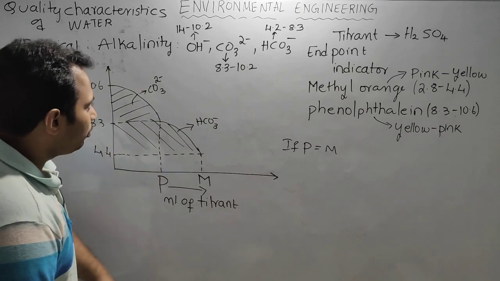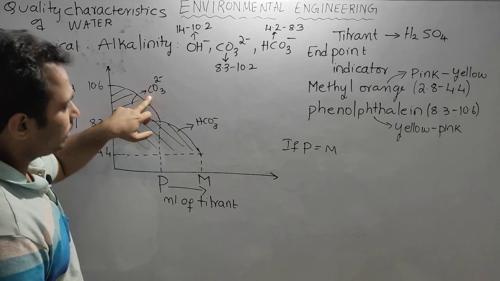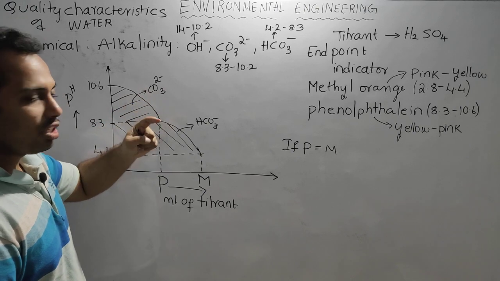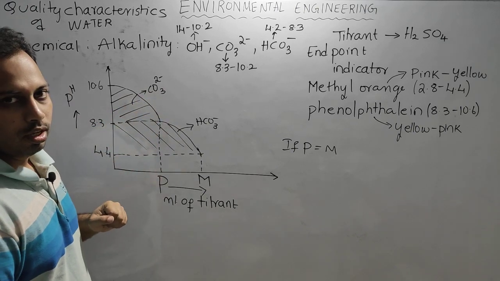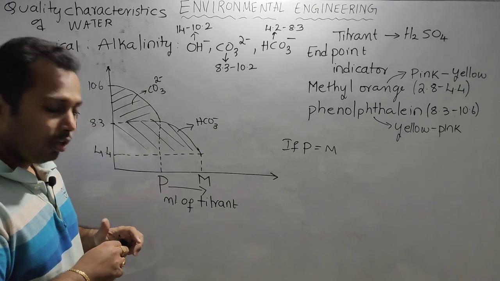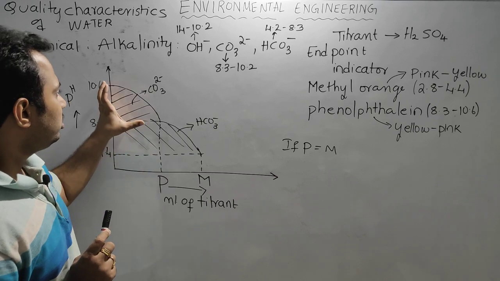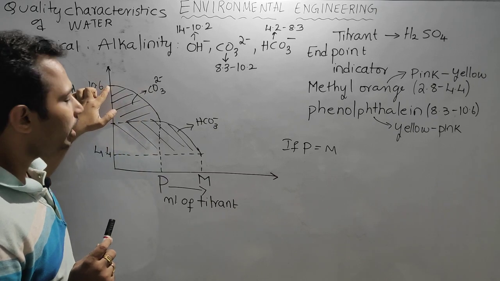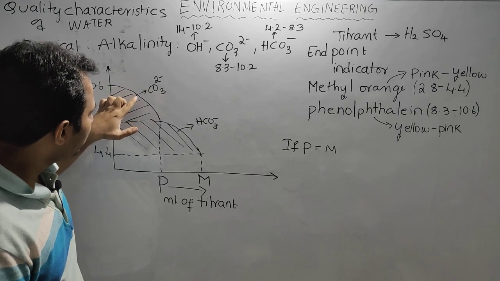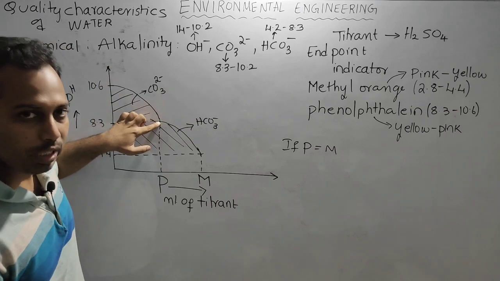One more thing I would like to add here: when there is CO3 2-, it will get neutralized in two stages. In the first stage, CO3 2- is neutralized and becomes HCO3-.